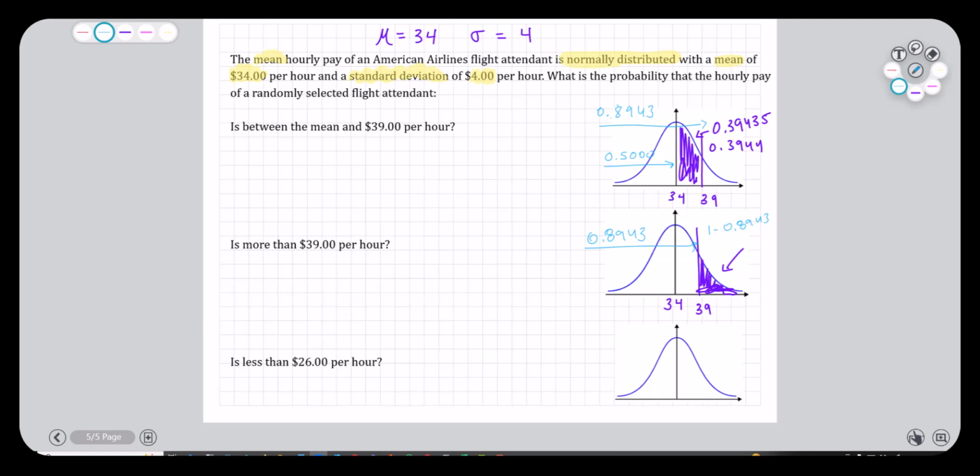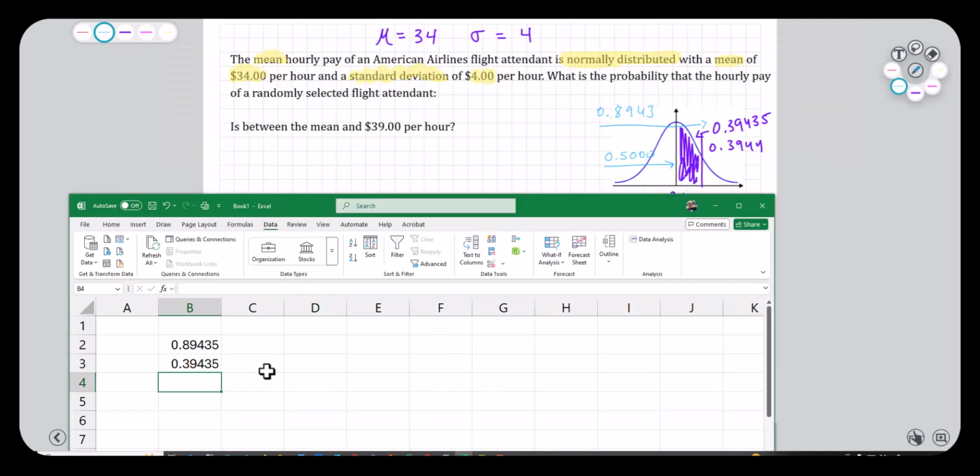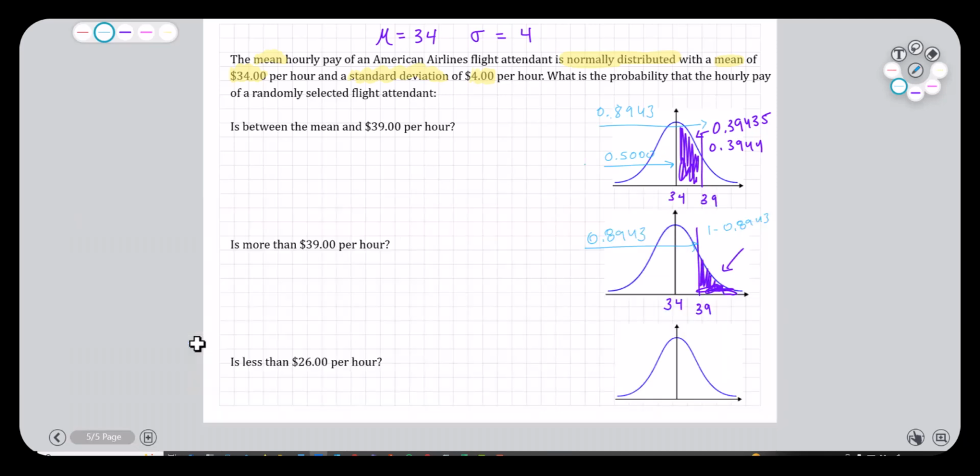So I can just do it in Excel because I'm too lazy to pick up a calculator, and I do equals 1 minus this value, and I get 0.1056. So this area is 0.1056.